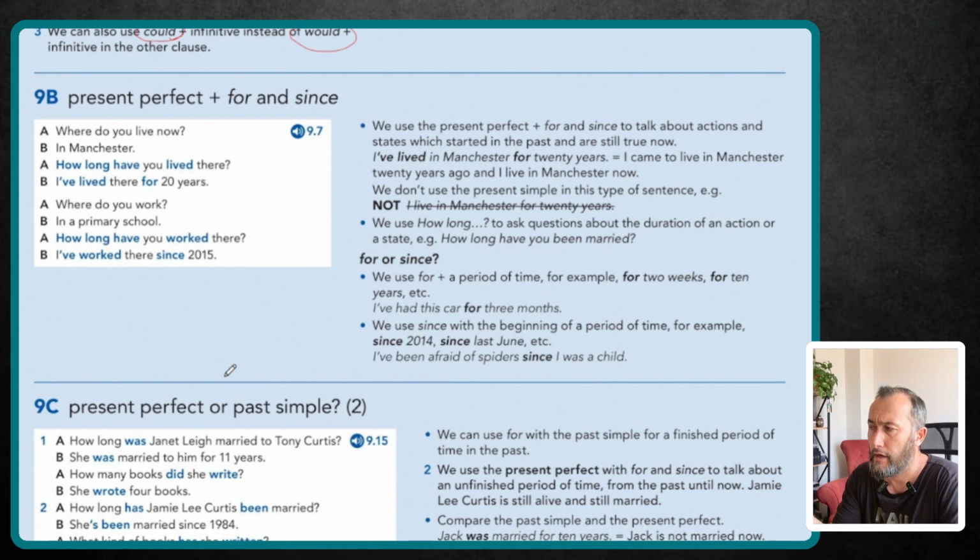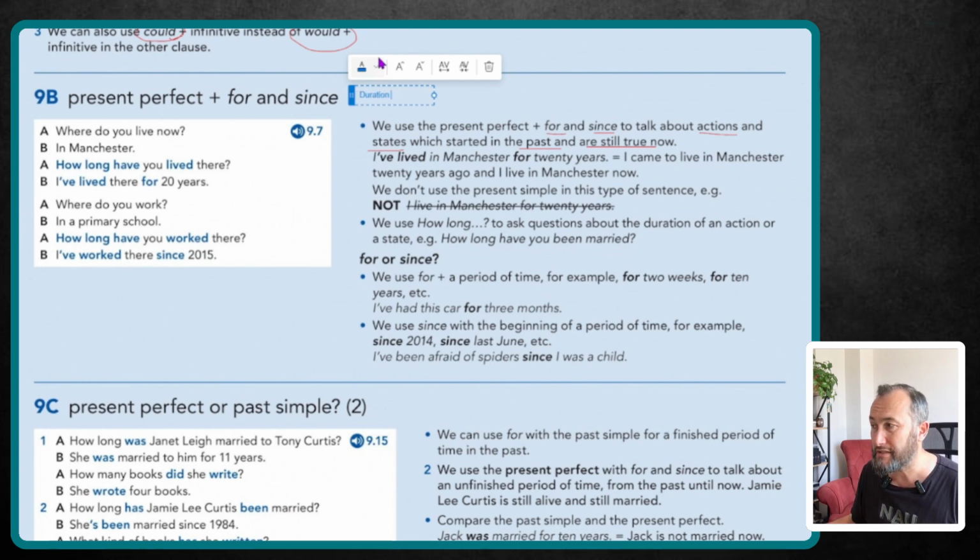Okay, so as you can see, we use present perfect, for and since to talk about actions and states which started in the past and are still true now, still happening now. But we talk about, they should have mentioned here, duration. Duration is important here.